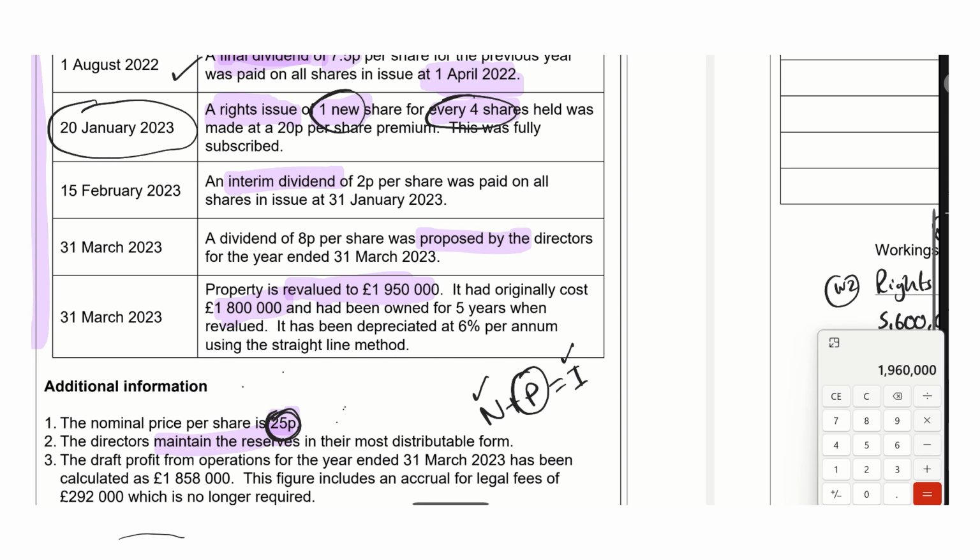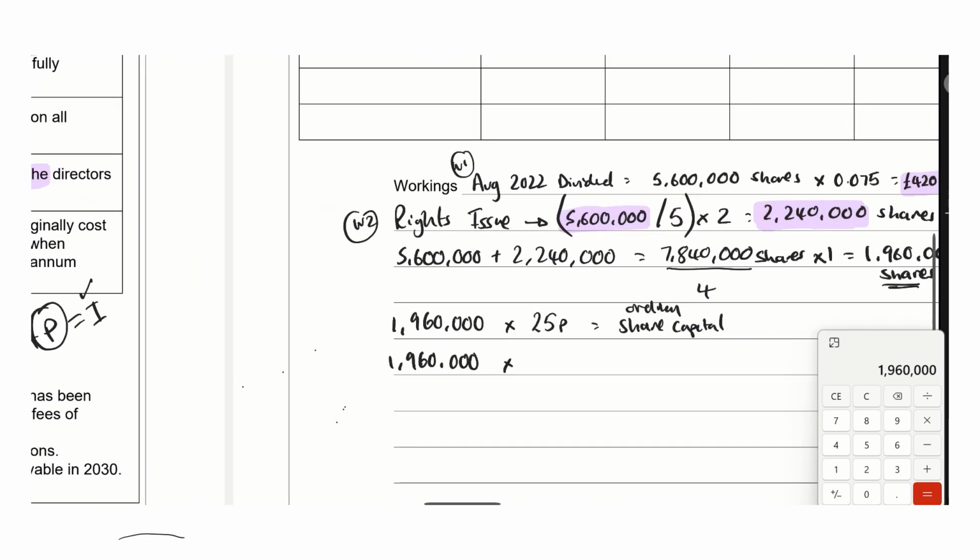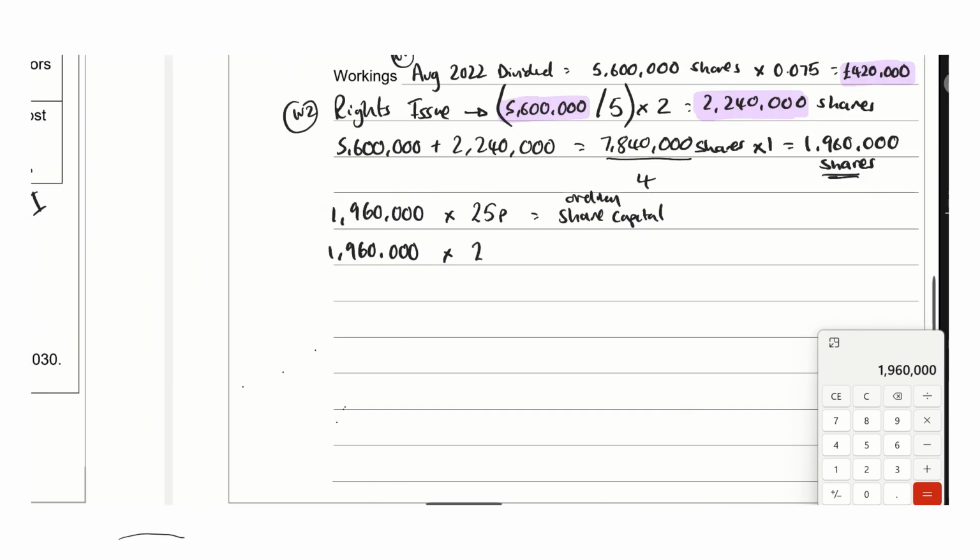So you'll always get 2 out of the 3 in this type of question. But I tell you here, it's made at a premium of 20p per share. So we can multiply this by 20p, and this would give you your share premium amount.